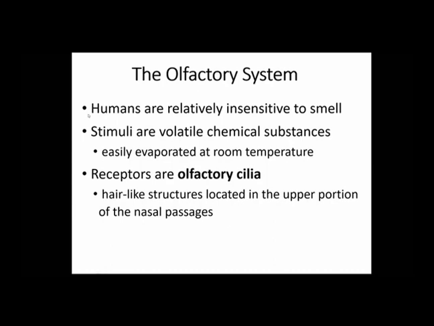So in this case, we're going to talk about humans because it's psychology and we care very deeply about humans. But it's good to note that humans are relatively insensitive to smell. This means that while we do have a sense of smell, if you compare us to pretty much any other animal, we're really bad at using smell.